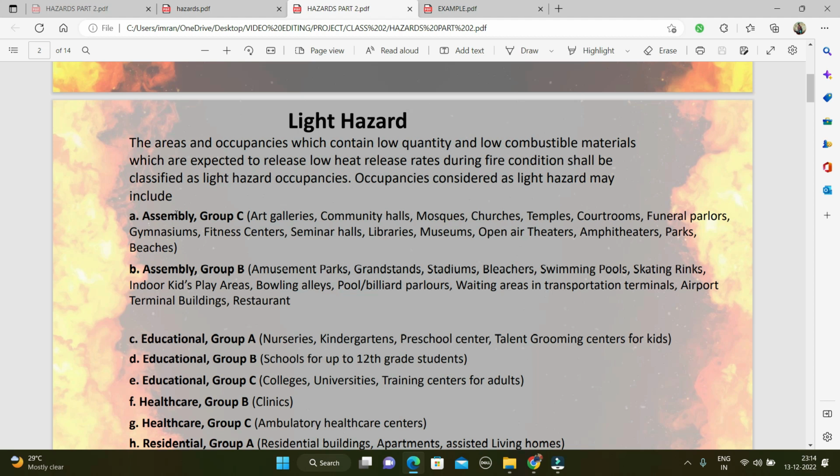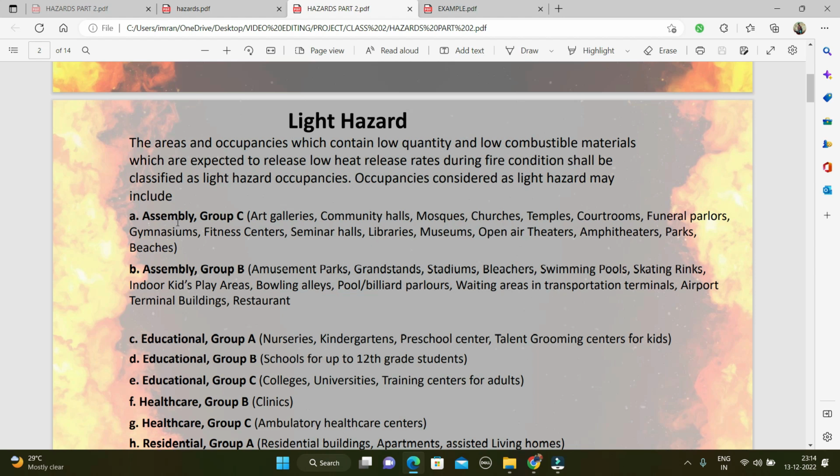Occupancies considered as light hazard may include assembly, any type of assembly: community halls or mosque, church, temple. This assembly is group C. Libraries, open air theater, beaches, all are light hazards.